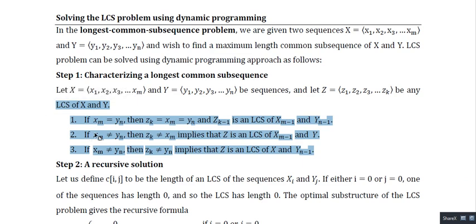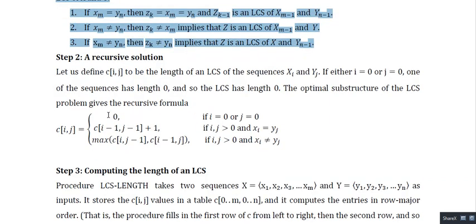So now next we have to find a recursive solution. Okay, so how to find the recursive solution? Let us assume a matrix C[i][j]. Okay, so C[i][j] denotes the cost of finding, or the length, you can say better, the length of the LCS considering the sequences Xi and Yj. Okay, meaning the sequence X is having i characters and the sequence Y is having j characters.